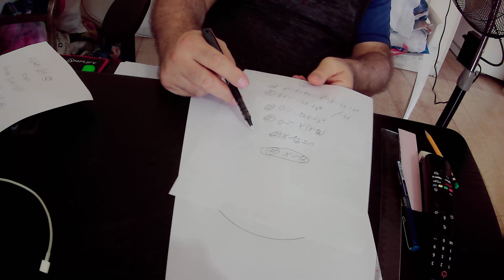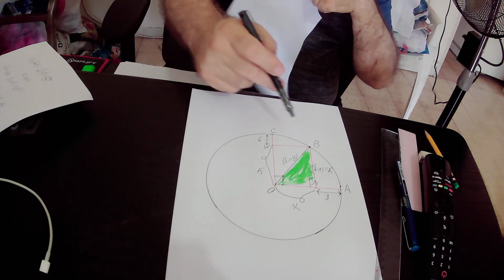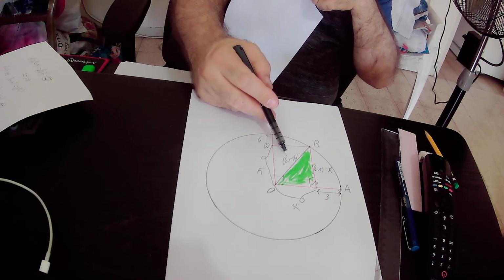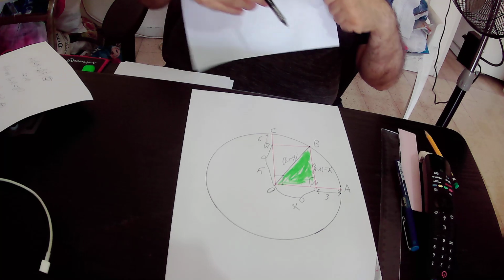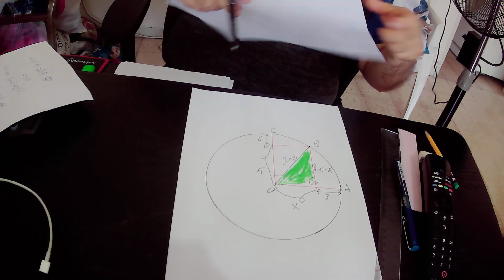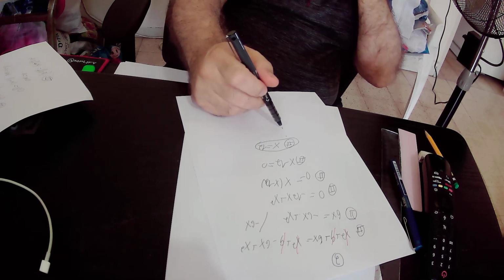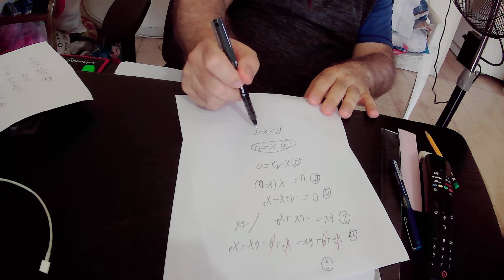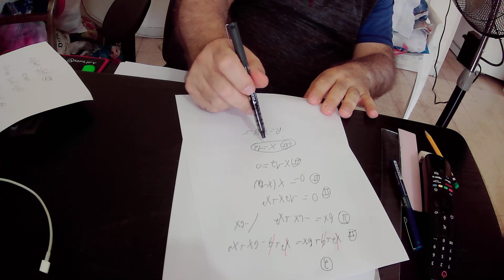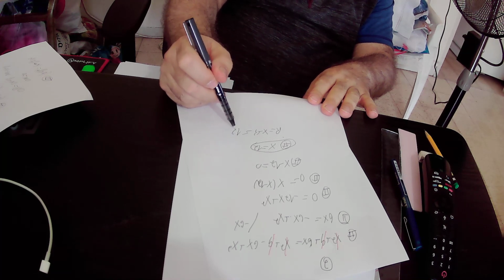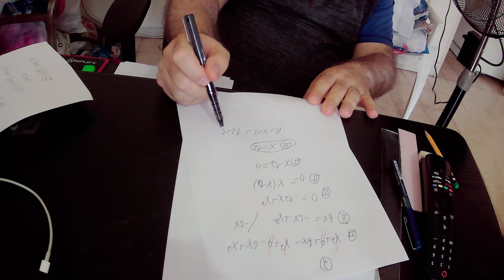And actually the radius of the circle equals x plus 3. Okay, the radius equals x plus 3. But x equals 12, so we can write that the radius equals x plus 3, that is to say 12 plus 3.